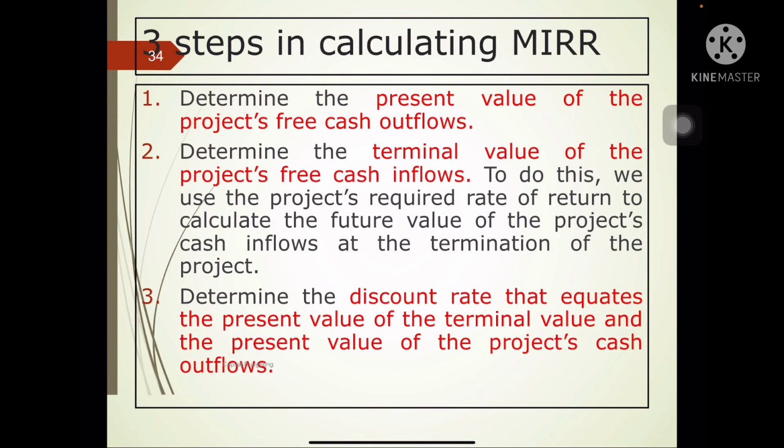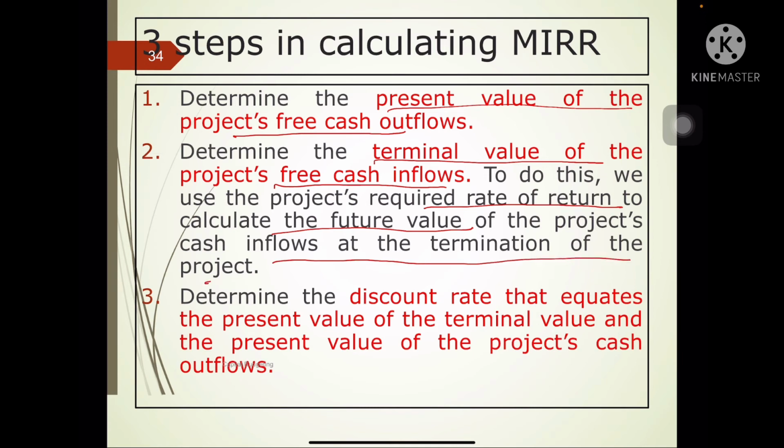So there are three steps in order to calculate it. Number one, determine the present value of the project's free cash outflows. Number two, determine the terminal value of the project's free cash inflows. To do this, we use the project's required rate of return to calculate the future value of the project's cash inflows at the termination of the project.